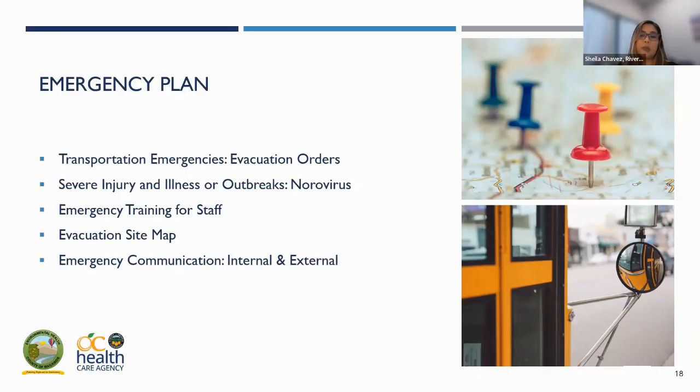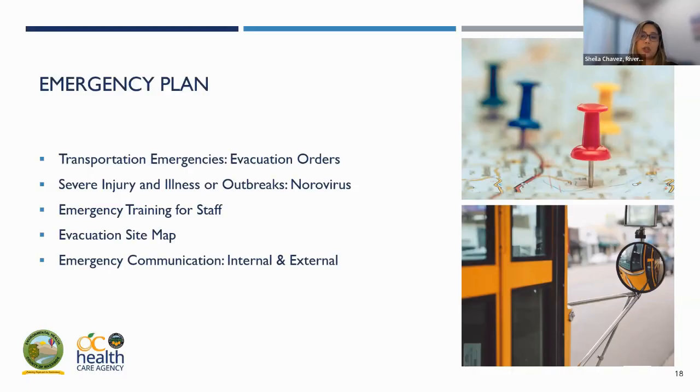For illness and outbreaks, especially norovirus, camps should have a clear response plan that explains how sick individuals will be identified, isolated, and cared for. Staff also need to know when to exclude ill campers or employees and how to report suspected outbreaks to public health, and what enhanced cleaning and disinfection steps must be implemented to stop further spread.